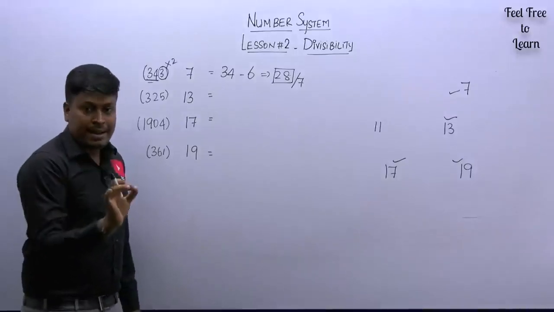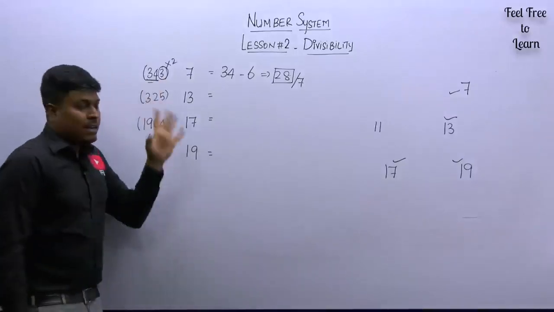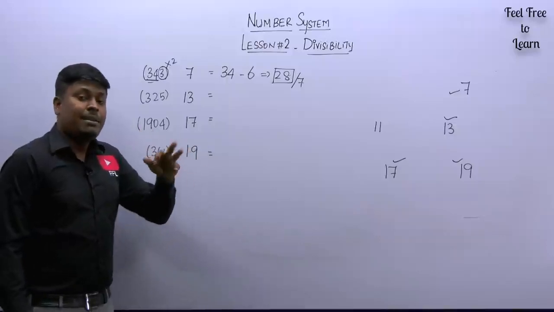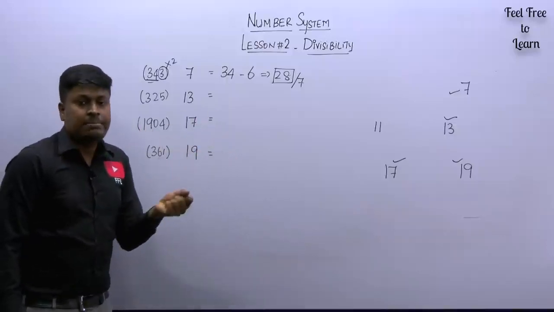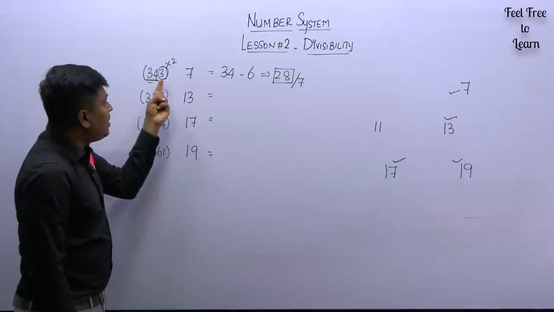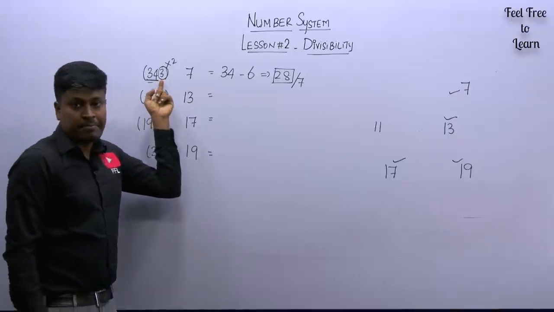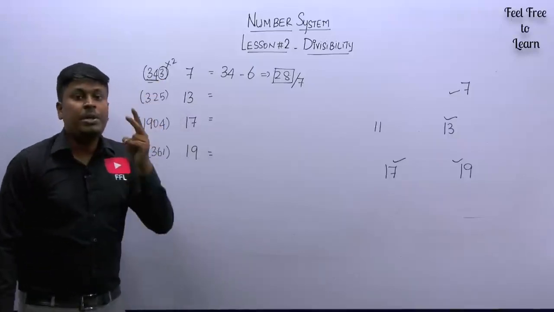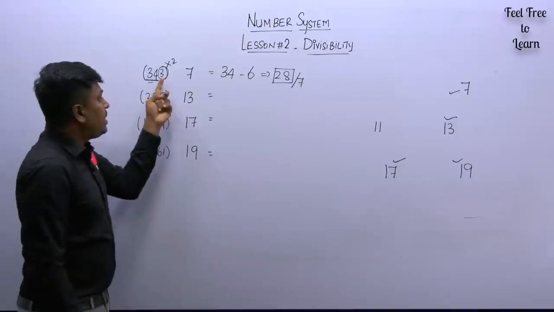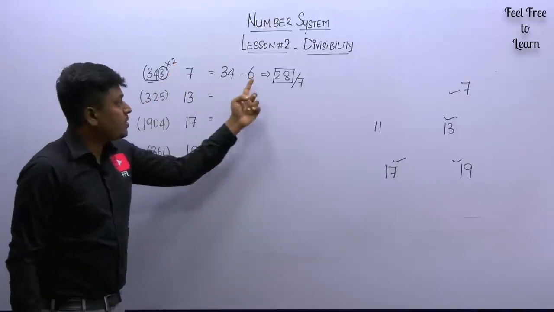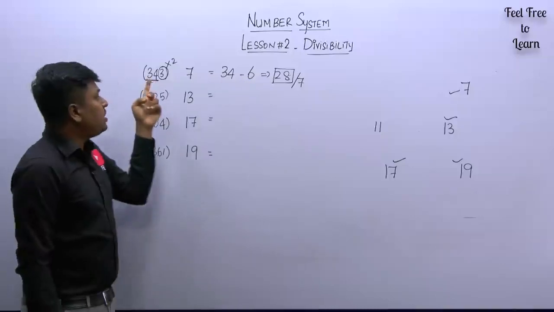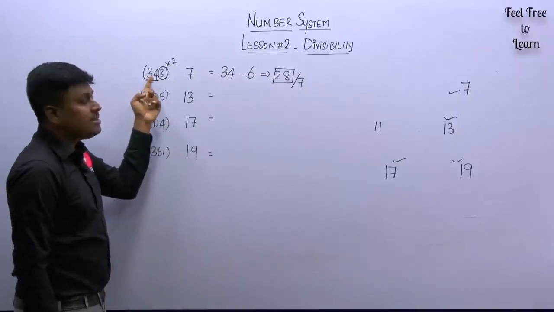I can explain again. Whatever the number is, in case it can be 4 digit or 5 digit, you have to target the last digit of the given number and multiply it by 2. So 3 into 2 is 6, so I have written 6 here. The remaining number is 34.